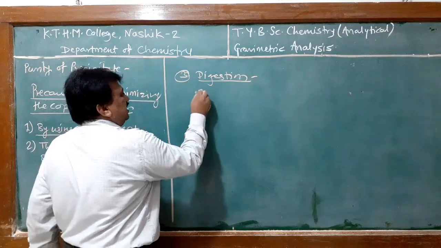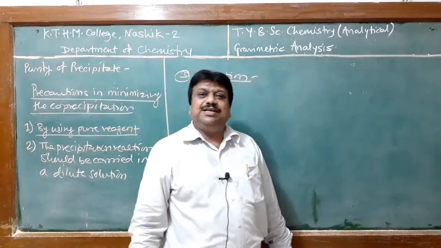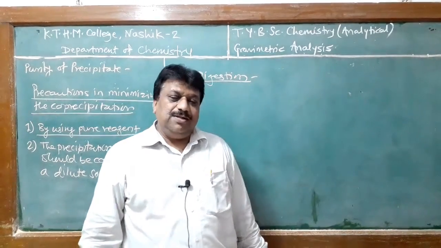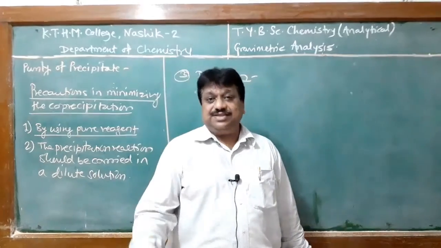If the precipitate is associated with co-precipitation, then the digestion process is used. In the digestion process we keep that precipitate in contact with its mother liquor by increasing its temperature.